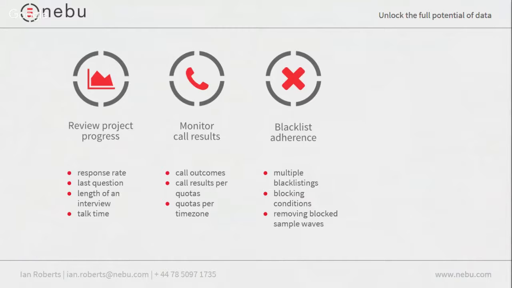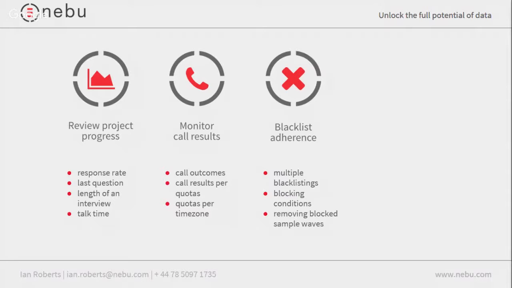Blocking conditions can be really quite useful. If you've loaded a particular sample wave, and each sample load is given a new wave number, you can very quickly block that sample if you've seen an error in there, or if it's proving to be a low response rate. Perhaps it's not as good as you thought it would be.